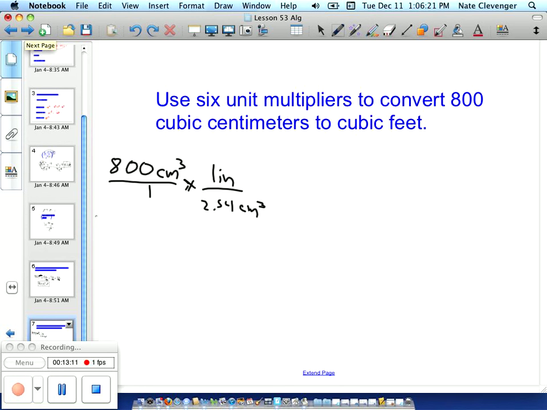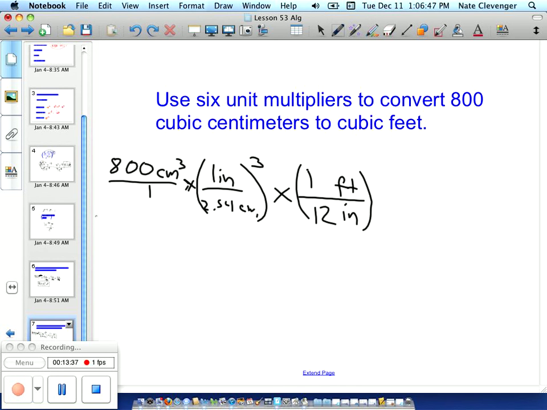You know what I'm going to do? I'm going to shortcut this. Times, we need to change our inches now to feet.